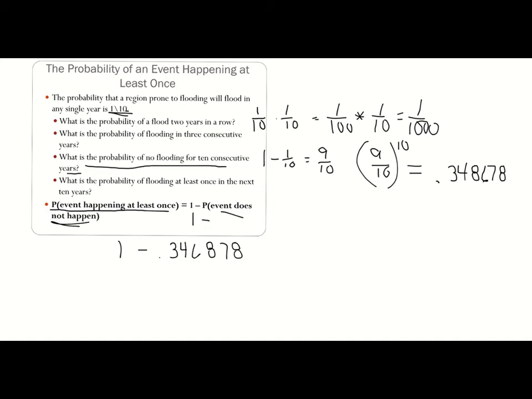That's the probability that it will not flood the next 10 years. And the probability that it will flood in the next 10 years is 0.651322, or as a percentage, about a 65% chance that it will flood once in the next 10 years.